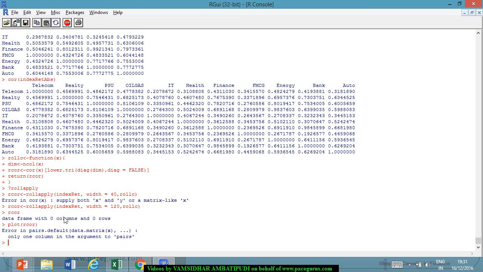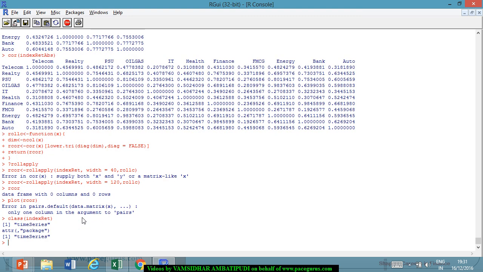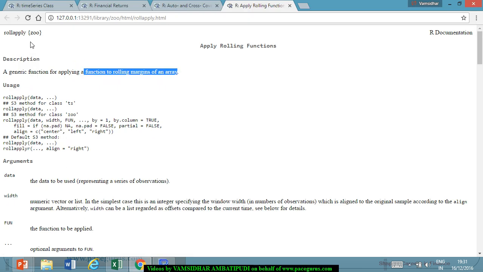So what has happened? Roll apply, index red. What is the class of index red right now? It's a time series. The roll apply is actually there as a part of the zoo.